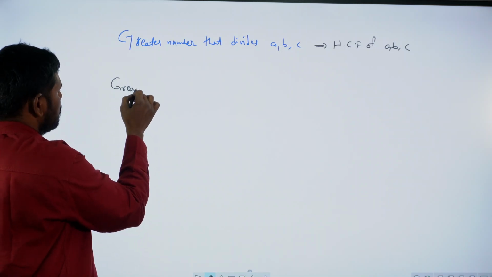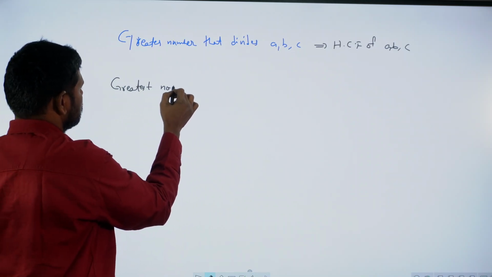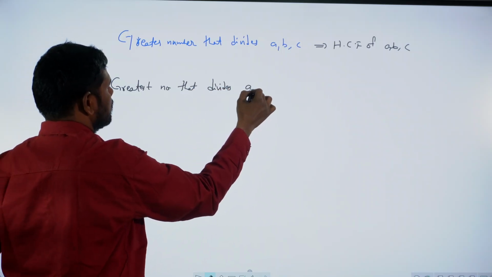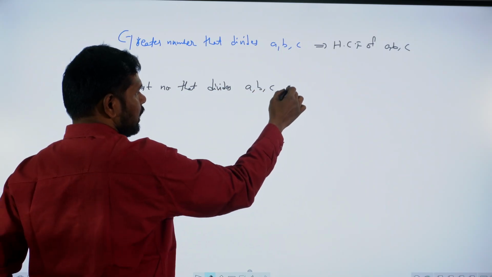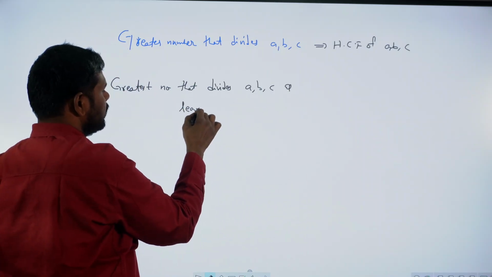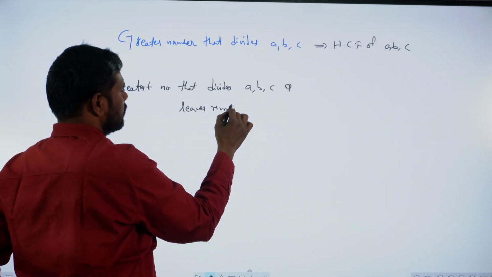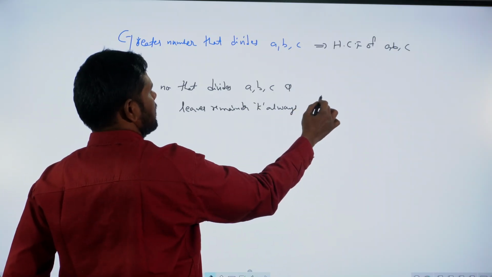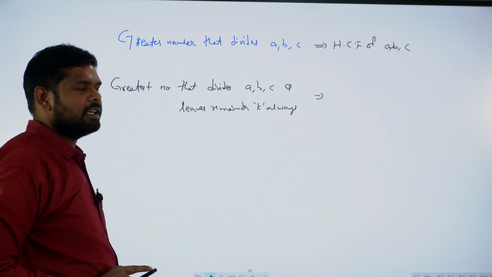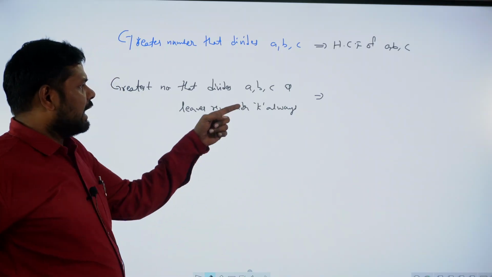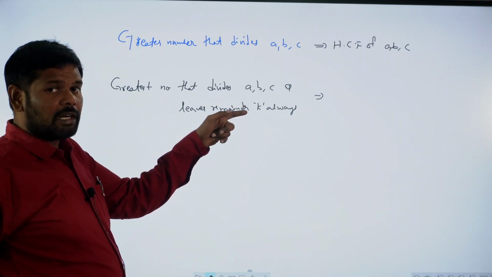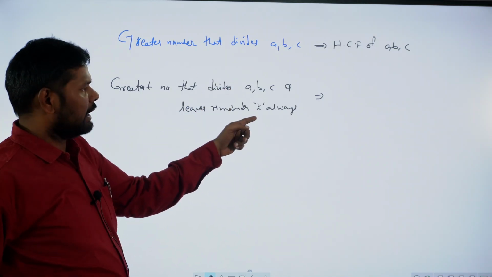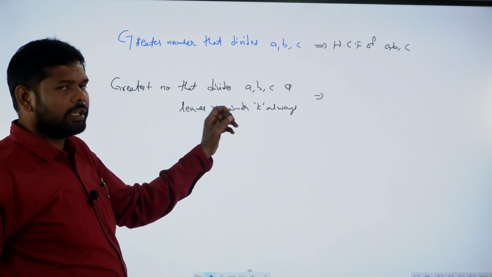And suppose the greatest number that divides A comma B comma C and leaves remainder K always. This one is important; the basic one is not important. Remainder K always means if that number divides A, we get K; B also we get K; C also we get K as remainder.